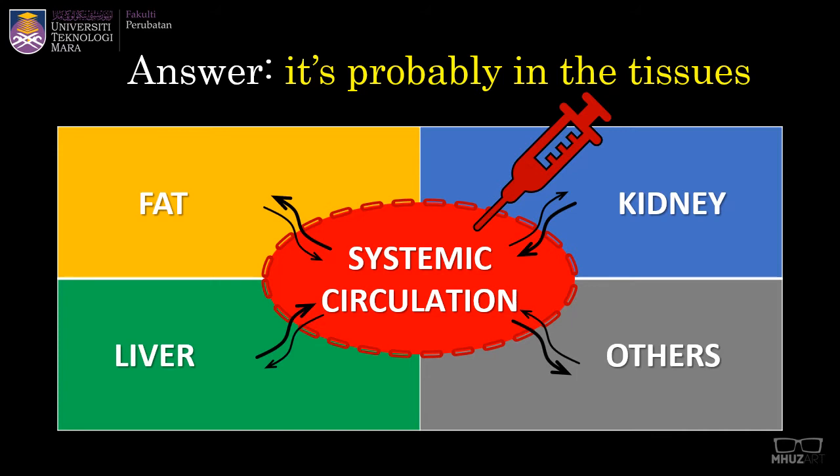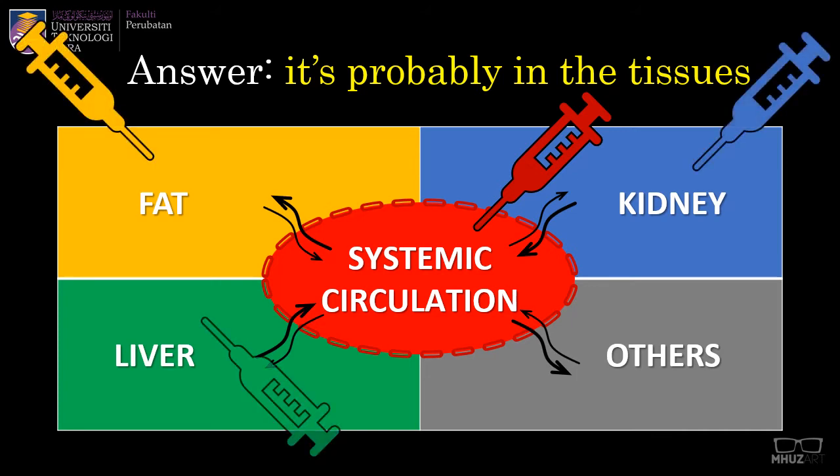So, if we were to consider the multiple other compartments, and if we are able to sample and measure drug levels from the other tissues, the sum of all these levels would probably show the total amount of the drug in the body.